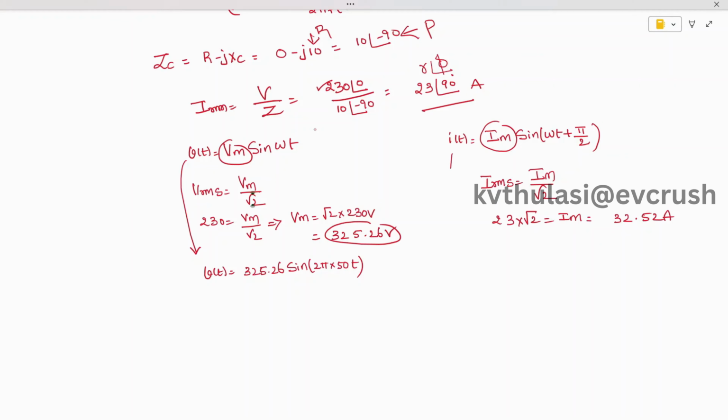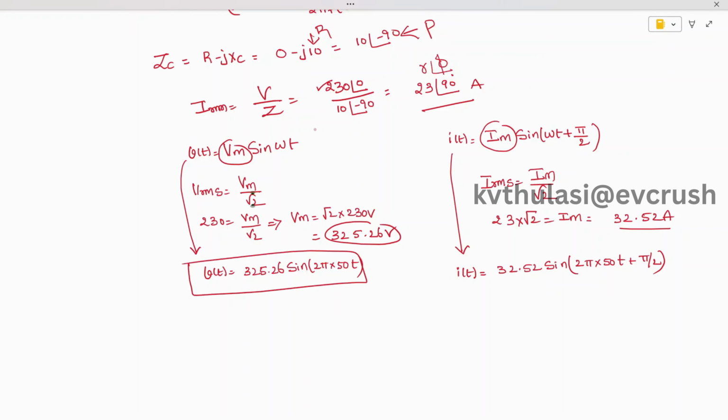And the instantaneous current i of t is equal to the maximum value, 32.52, into sine of omega t, where omega is 2 pi f, the given frequency is 50, so 2 pi 50 t plus pi by 2. So this is the standard form of writing v of t as well as i of t. These are the instantaneous quantities.